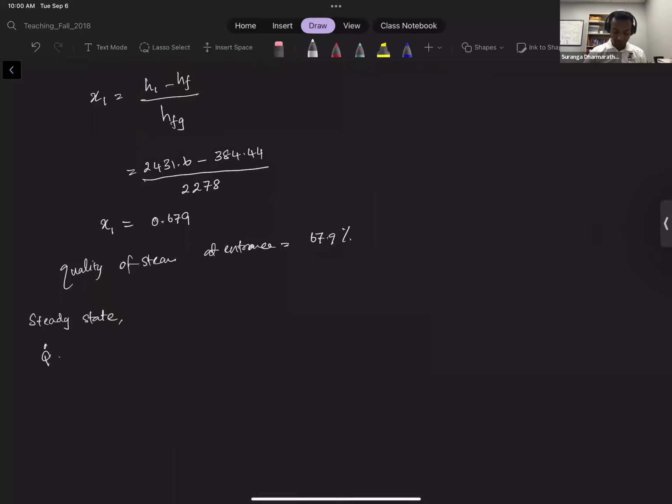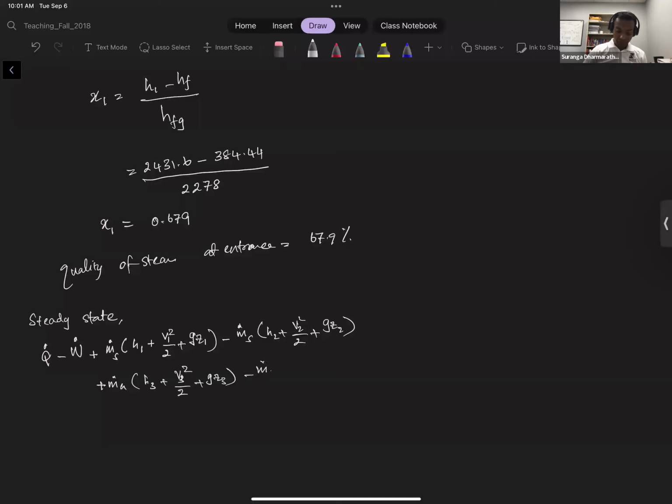Then the first law: Q dot minus W dot plus m dot s (h1 plus V1 squared over 2 plus gz1) minus m dot s (h2 plus V2 squared over 2 plus gz2), plus m dot a (h3 plus V3 squared over 2 plus gz3) minus m dot a (h4 plus V4 squared over 2 plus gz4) equals 0.